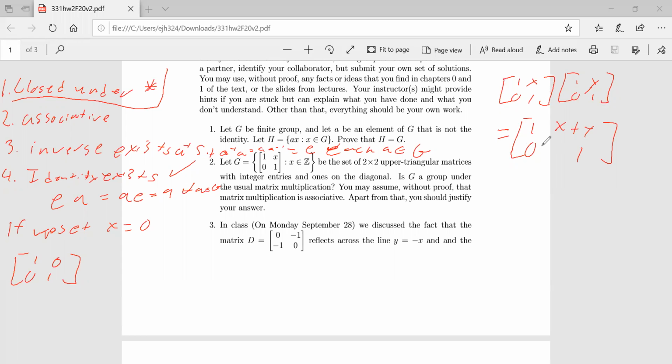And in fact, this operates exactly like addition under the integers, right? The only thing that distinguishes this from any other element is the top right, so we could just think of this as x. So x times y just gives us x plus y in the integers. So we can basically think of this as just addition, but we should keep on checking. Yes, it is isomorphic to the integers.